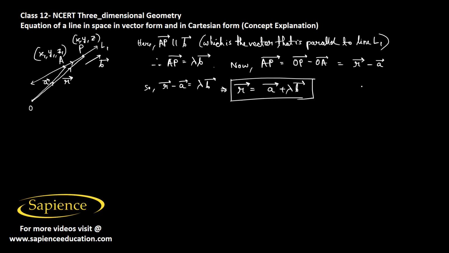Here lambda can be some real number. So let's say this B vector is given as a i cap plus b j cap plus c k cap.